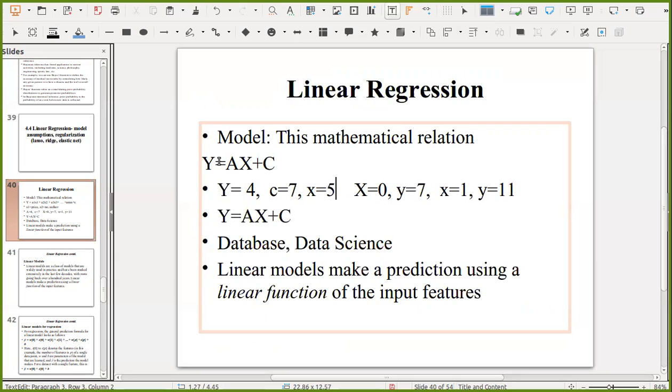In that case, I can calculate a here. Initially the set has the y value, which is the output or label that I know, and the feature value also. So at this point, we need to calculate what the values of a and c can be.